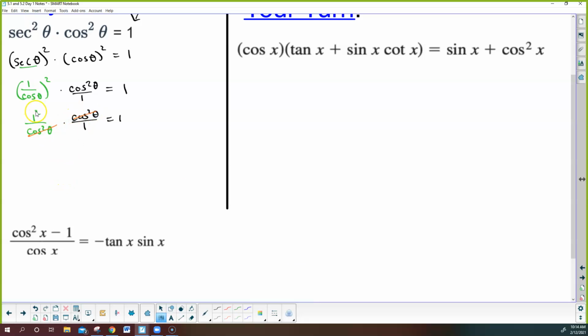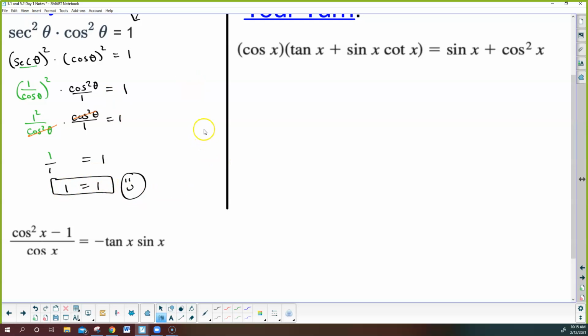What's left over is 1 squared, which is just 1 over 1. I want to keep my colors the same so we can just see that. So I get 1 over 1, and that equals 1. So I usually do this, and then I put a little smiley face there because I showed the left side turned into 1. So the left side equals the right side.